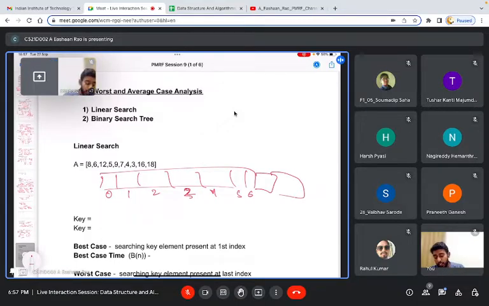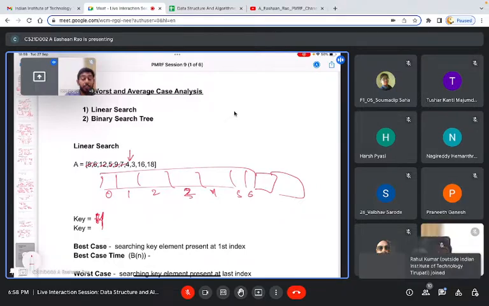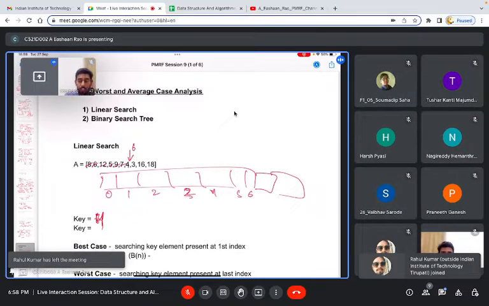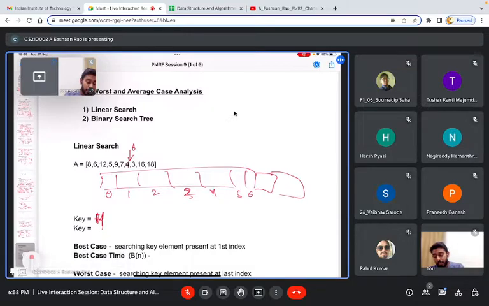Let's say we have to find the key 4. According to linear search, it will pass through 8, 6, 12, 5, 9, 7, then it will reach 4, at position 6. So in this case, we are finding 4 at the 6th position.